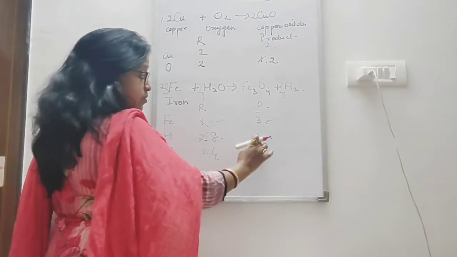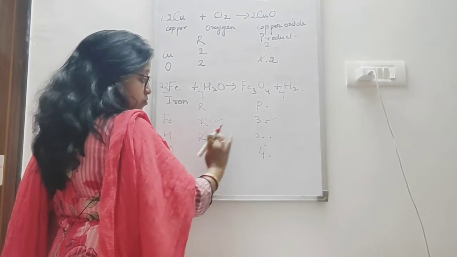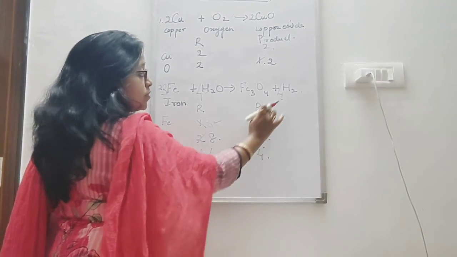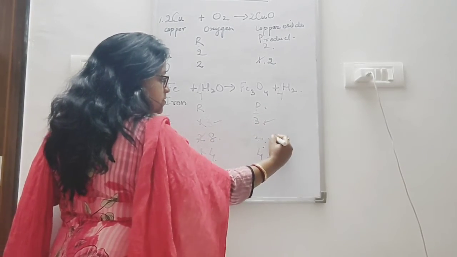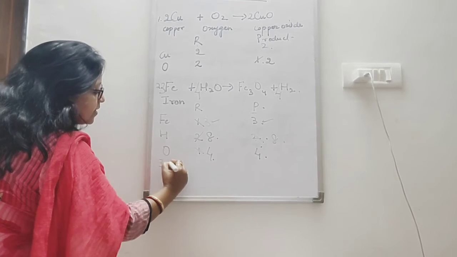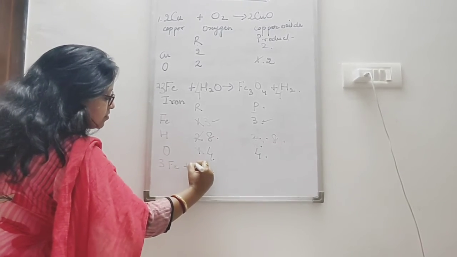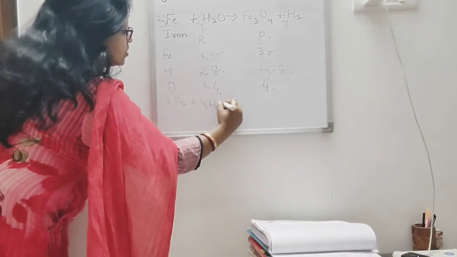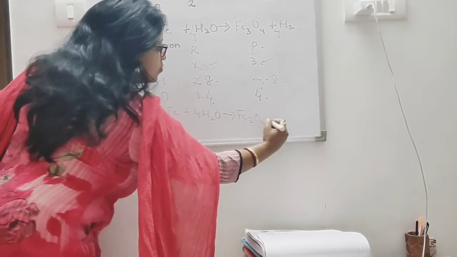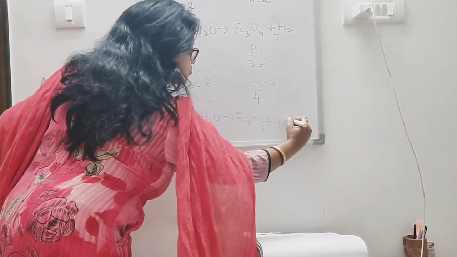What number should be multiplied so that you get the answer 8? You have to multiply this 2 by 4. Now it becomes 8. And so the final is 3Fe plus 4H2O will give you Fe3O4 plus 4H2.